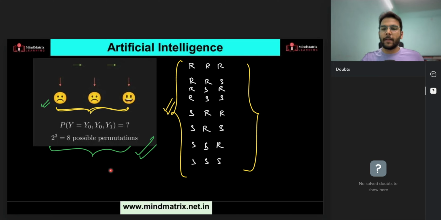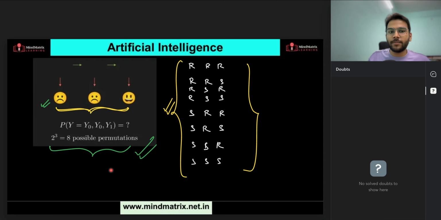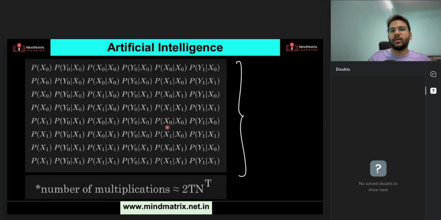Is this clear so far? So a total of 8 possibilities are there. If I have to write for all those 8, this is how we are going to write the probability of my given observed sequence, which is sad, happy. Is this clear to all of you so far? I'm giving you some time. Just take your time and absorb this, and let me know if you have any doubt.